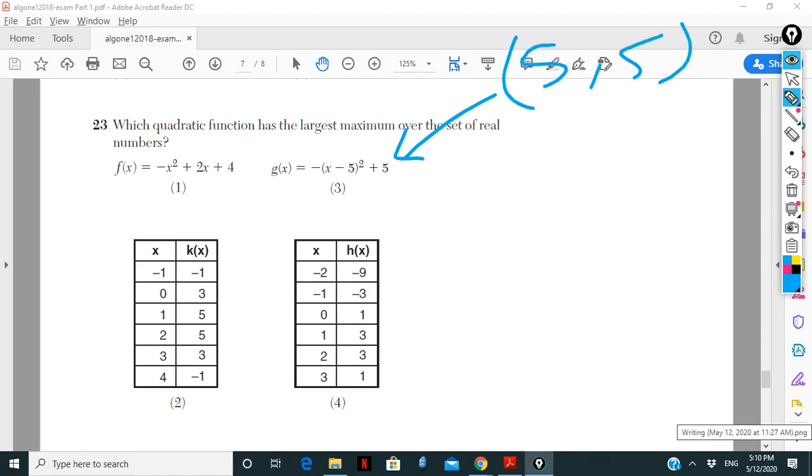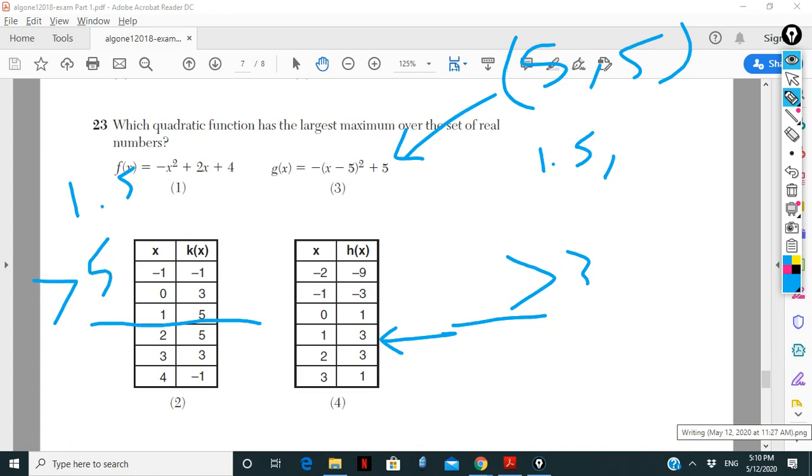The vertex here is going to be 1.5 and a number more than 5. Here is a number more than 3. Here is a number more than 5, the y value. So so far 2 is the greatest.